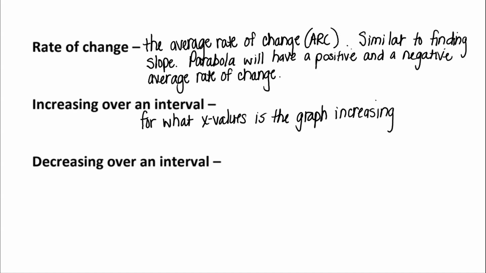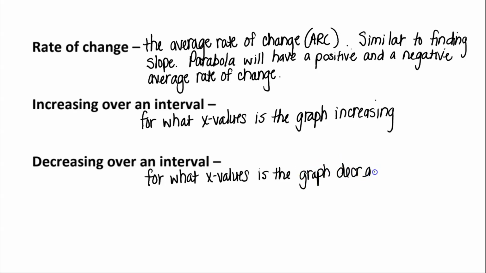And then decreasing over the interval would be for what x values is the graph decreasing? And the vertex would be the divider for when it stops increasing and starts decreasing, or vice versa, if it starts out decreasing and switches to increasing, depending on which way the graph opens.